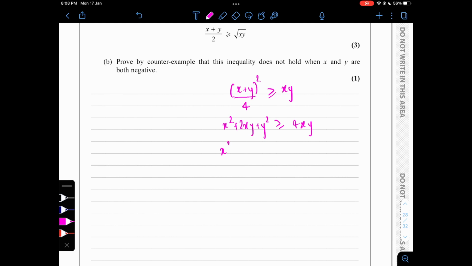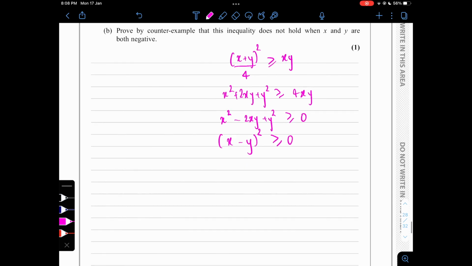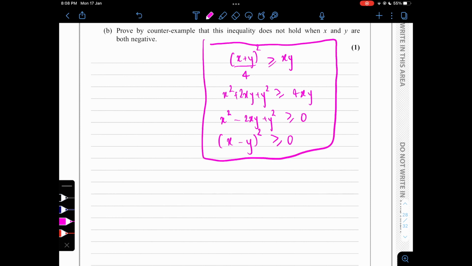Then minus 2 minus 4 is minus 2xy, so x squared minus 2xy plus y squared is greater than or equal to 0. Now can we factorize this? Yes, we can, and actually we will get x minus y whole squared is greater than or equal to 0. Okay, so this is what we gained from just working backwards.